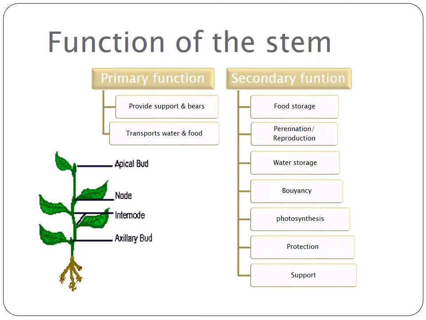Then the secondary functions are food storage, perennation and reproduction, water storage, buoyancy, photosynthesis, protection, support. Support is done by both the root and the stem.